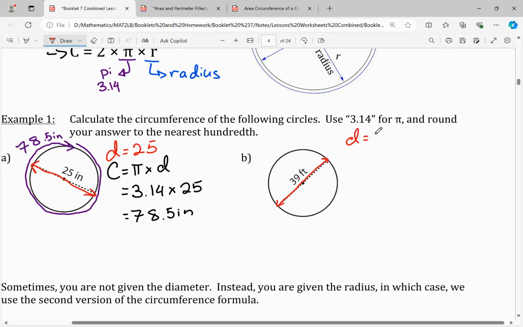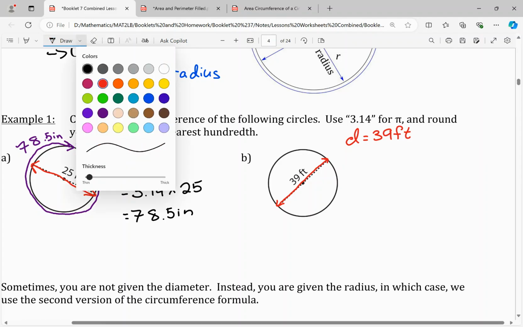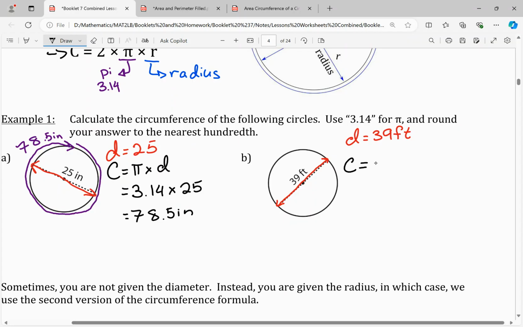Now again, I'm going to write down that my diameter, the length from one side of the circle through the middle to the other, is 39 feet. I'm going to use that with my diameter equation, which tells me that the circumference is pi times the diameter, is 3.14 times 39.